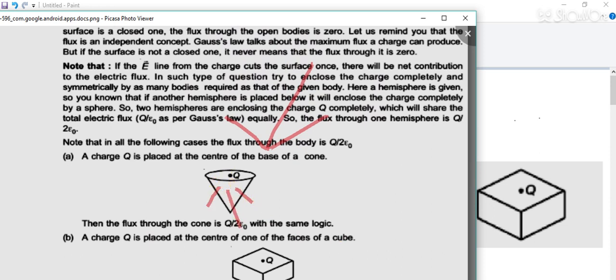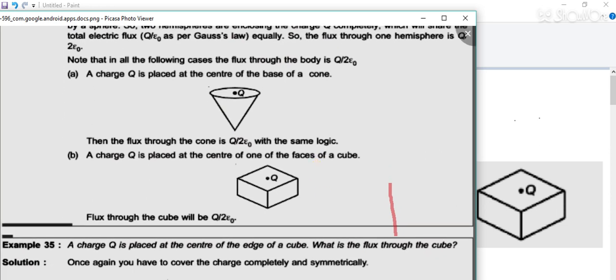But in the cubical case, we can find the flux that is coming from its face. Face means side, this side. Suppose this side, and suppose this side. So we can find this flux also. So again, if I go to the symmetry of this cube, you can see from how many surfaces flux is coming out.